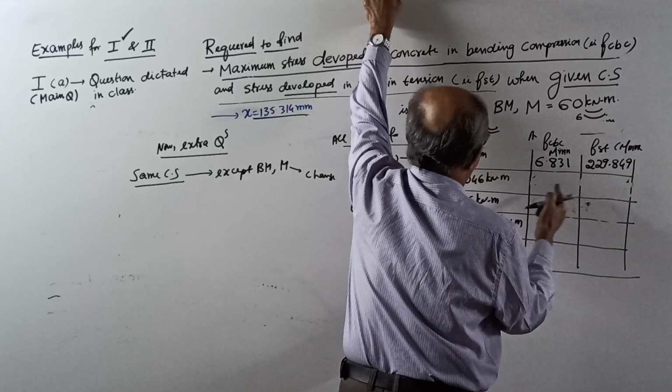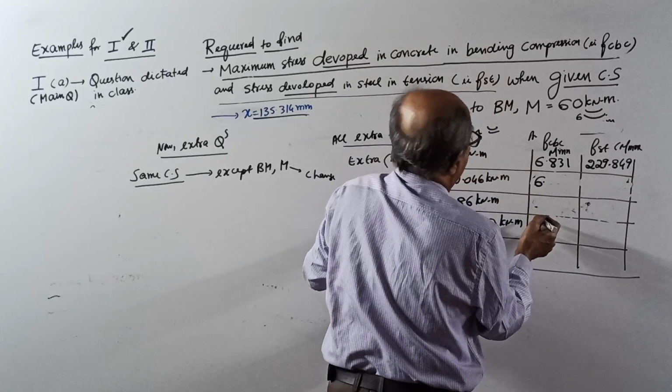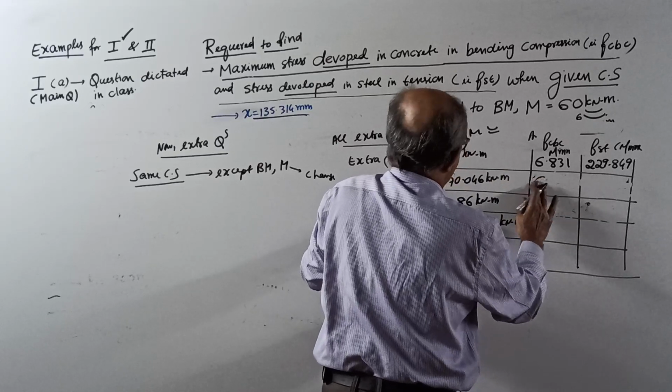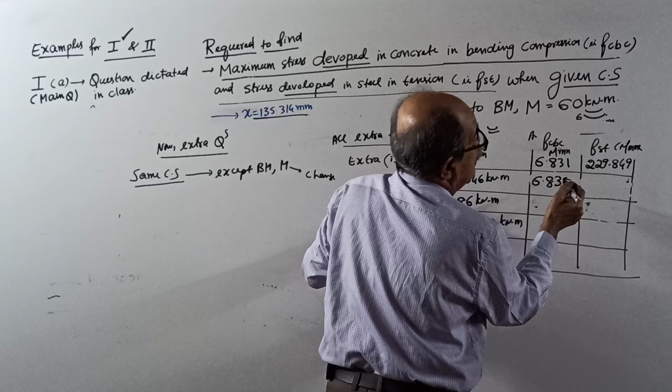Here, after 60 to 70, correct, 70.046: 6.835 and 230.